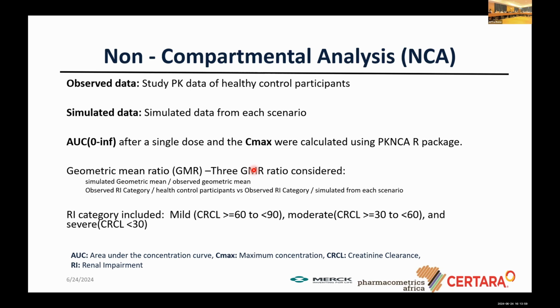And also we went ahead to look at the GMR between the renal category data versus the control or healthy participants, of which simulated data here is assumed to be healthy participants because it was generated using the healthy participant final PK models.